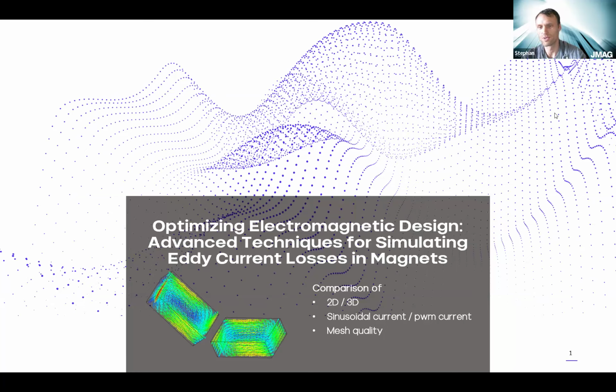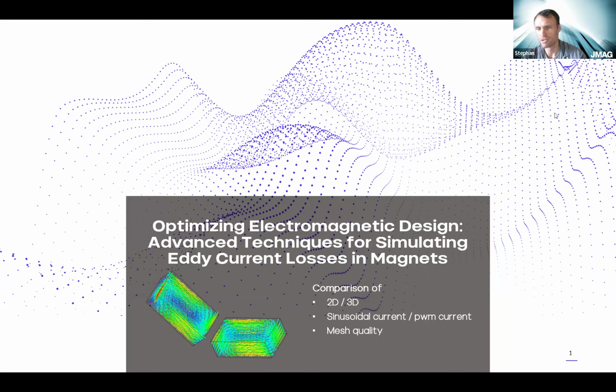But I want to give you the tools and the procedures to do this design work in the best way. And that's why I renamed this presentation a bit to advanced techniques for simulating eddy current losses in magnets.